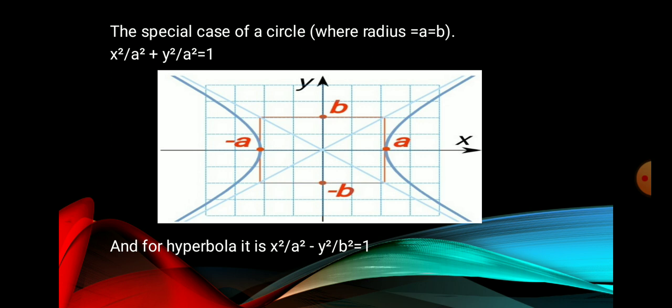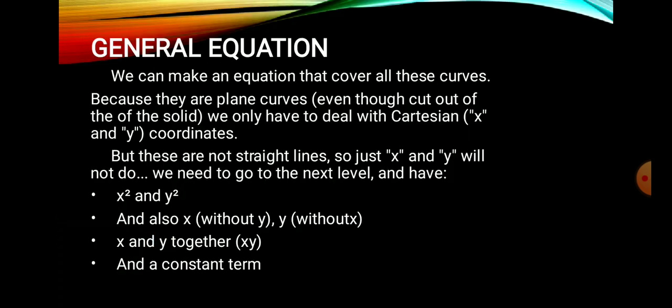The special case of a circle, where radius equals a equals b, is x squared over a squared plus y squared over a squared equals 1. And for a hyperbola, it is x squared over a squared minus y squared over b squared equals 1.